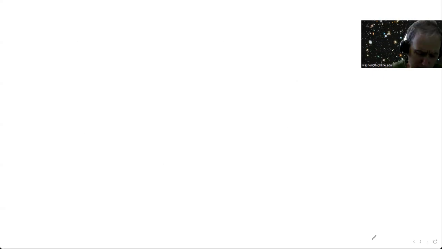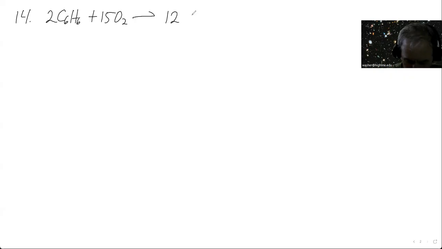All right, the next one, problem 14, talks about limiting reagents and how we use stoichiometric coefficients to figure out things like that. Same equation: 2C6H6 plus 15O2 still goes to 12 CO2 plus 6H2O.